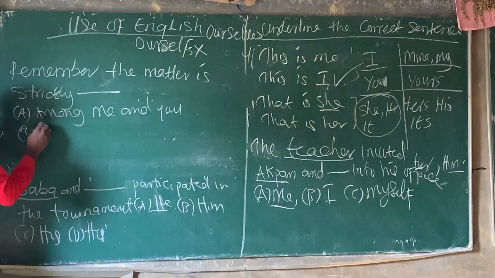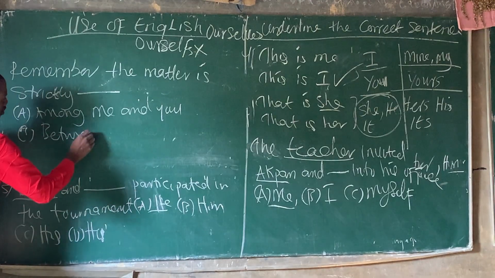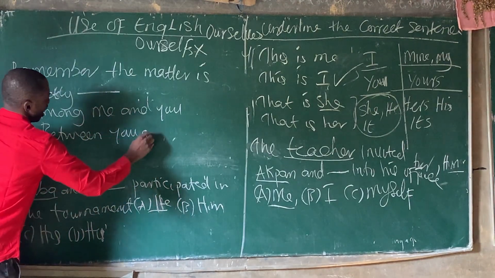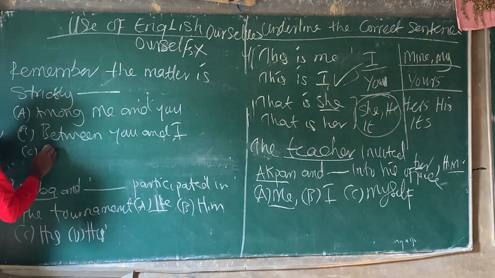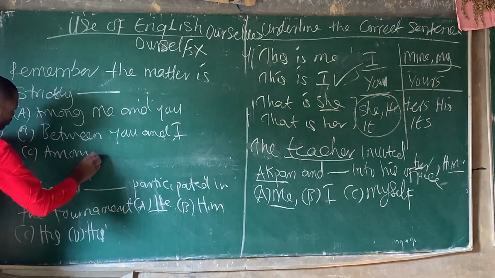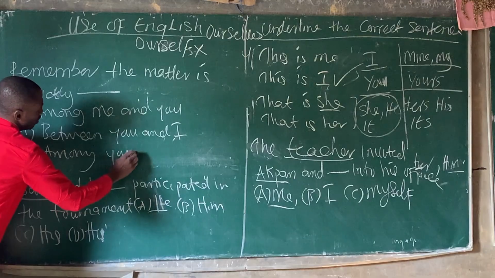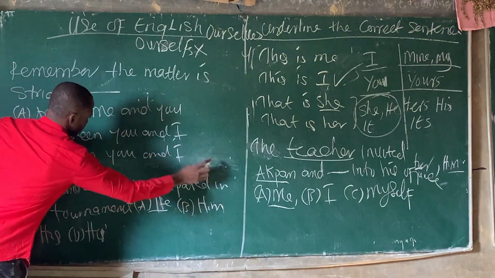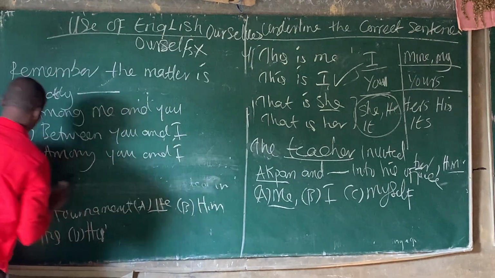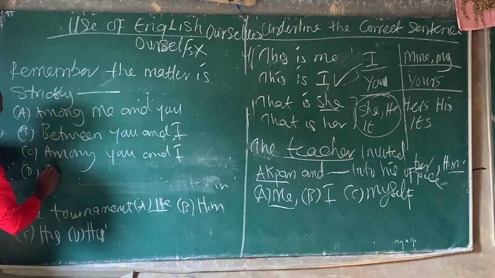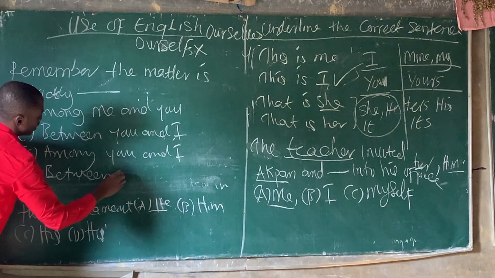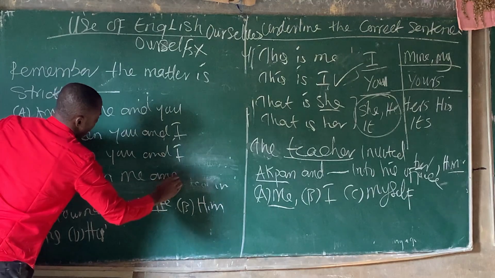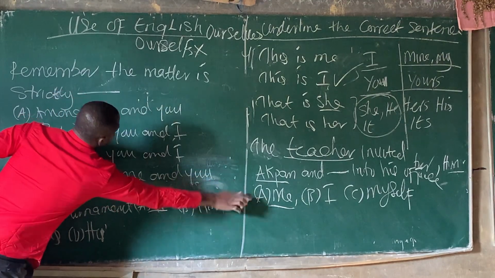B, strictly between you and I. C, strictly among you and I. D, strictly between me and you. What's the right answer?